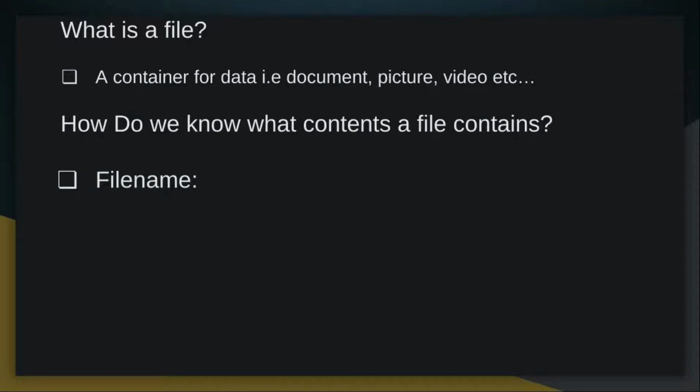Looking at the file name gives you an idea of what contents a file contains, and this is just the format of how the file is. You get the file name, then a dot, and then an extension. That extension gives you the idea as to what the file contains.